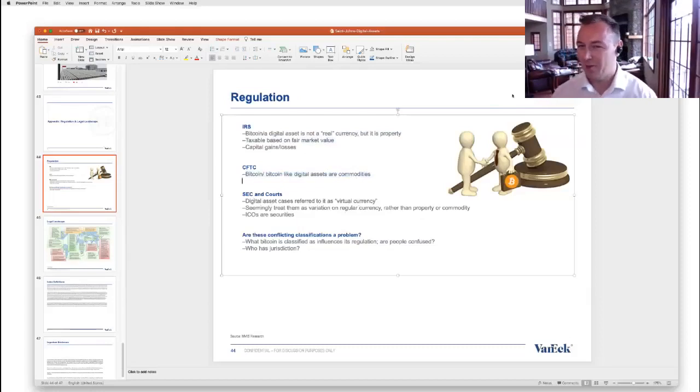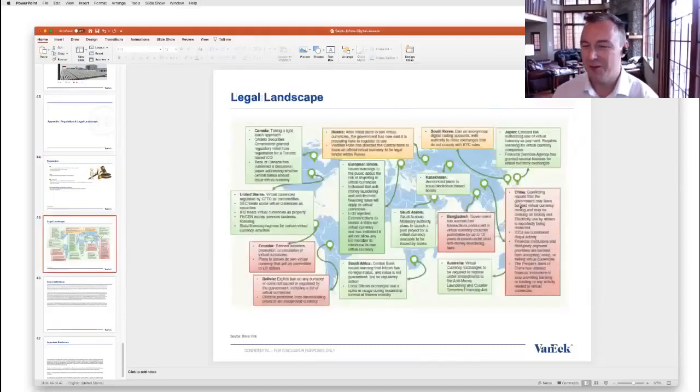So again, once you start coming into this market, you'll learn that there's a lot of complexity to it. And this is just the United States. You start going around globally, and different countries have different reactions to digital assets. Some favorable, others not, and then they change every year.